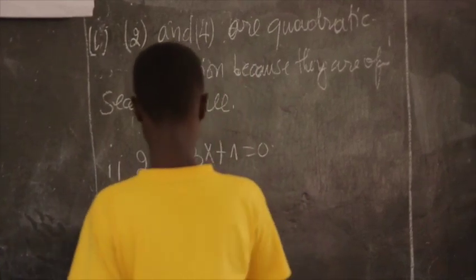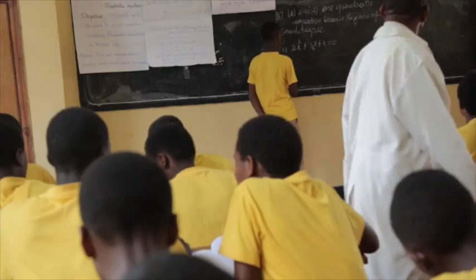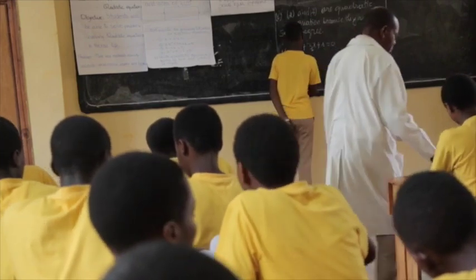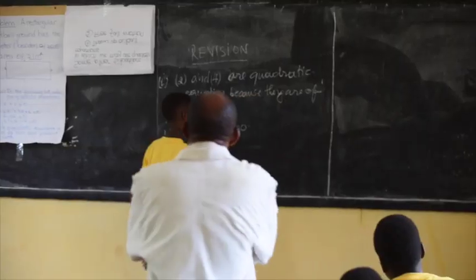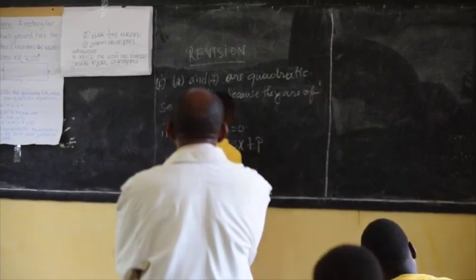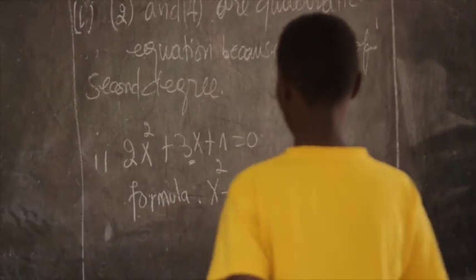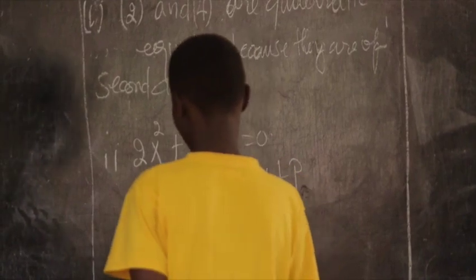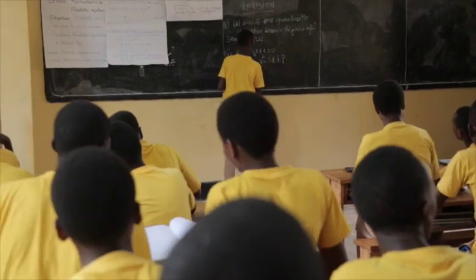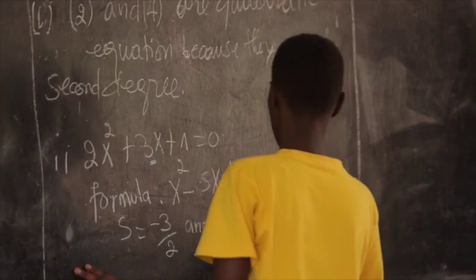For the first, I write the formula of the sum and product: x² minus sum x plus product. So I'm going to divide by that number. Sum equals negative 3 over 2, and the product equals 1 over 2.